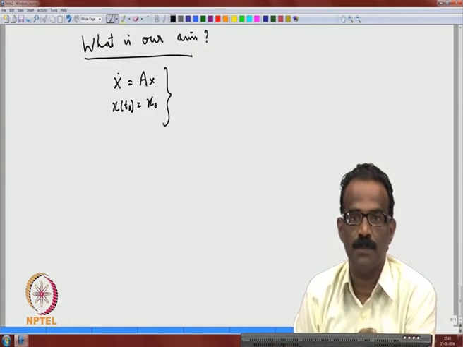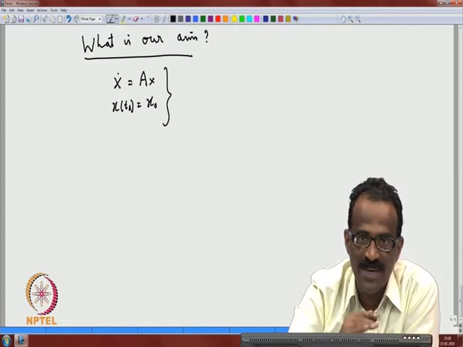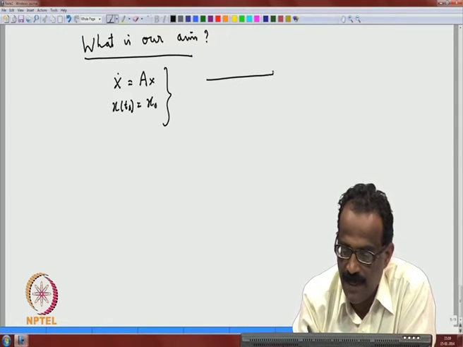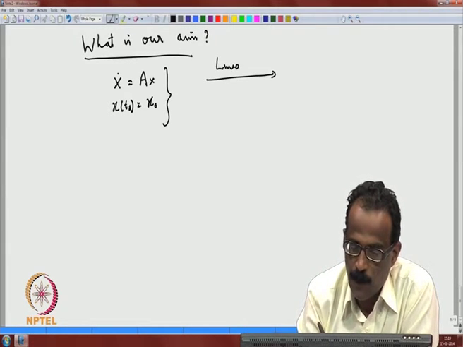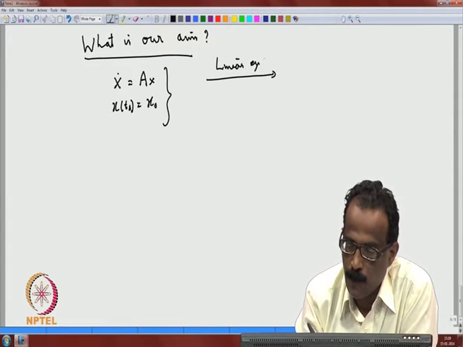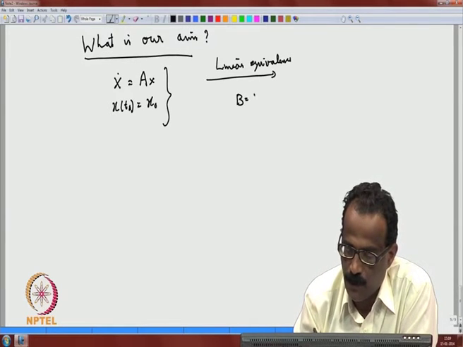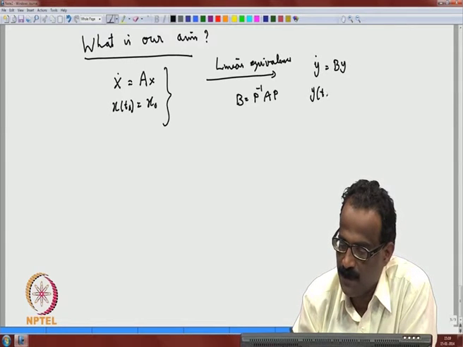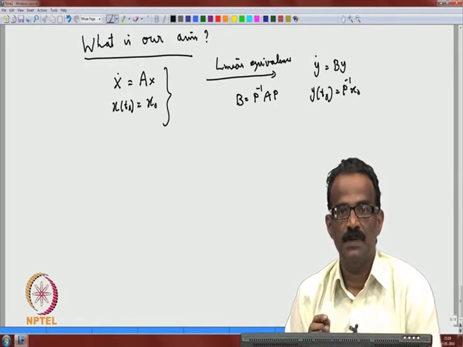And what we have so far discussed is that if there is a linear equivalence, that means you have B equal to P inverse AP, and you have the corresponding system y dot equal to By, with y at t naught equal to P inverse of x naught, that is your y naught.